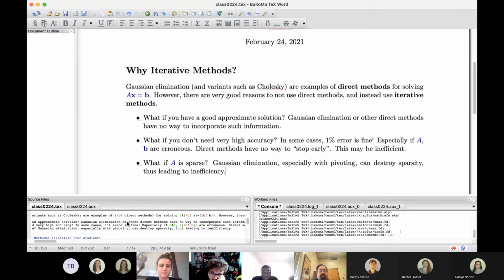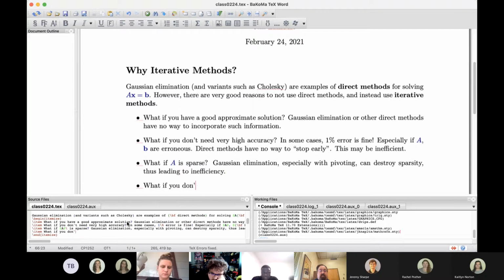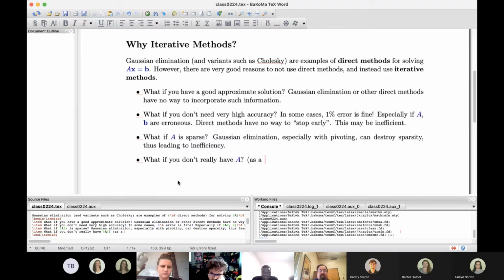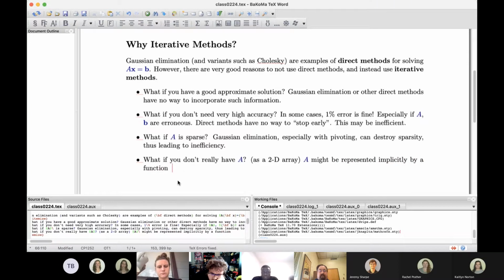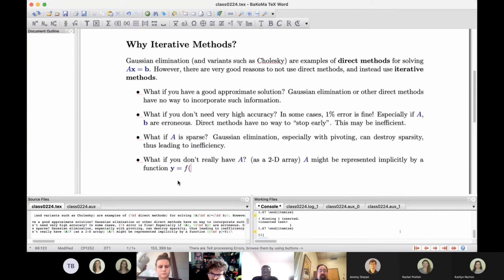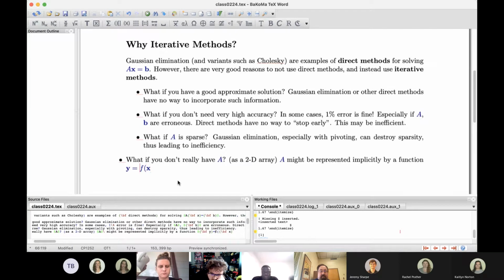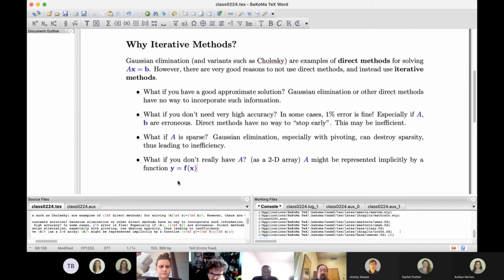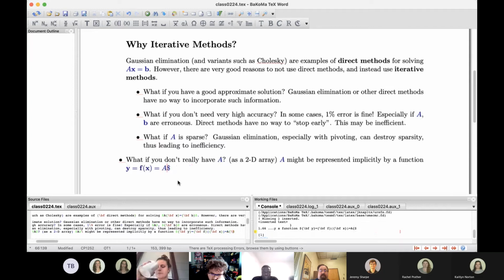And finally, what if you don't really have A as a 2D array that we're accustomed to, where you have a two-dimensional array of all the entries, A11, A12, etc.? A might be represented implicitly by a function y = some function of x, where that is just equal to the matrix-vector product.